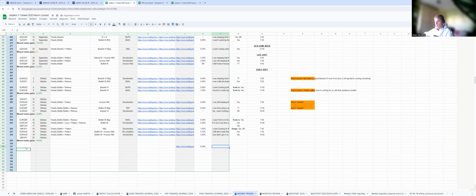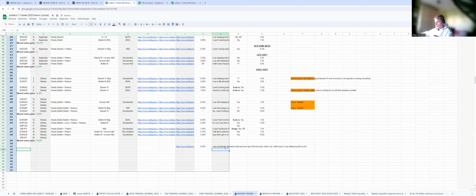So what we will see here is that I was emotionally attached to the previous step of that structure. That's why I didn't take it. I was talking myself out of it.